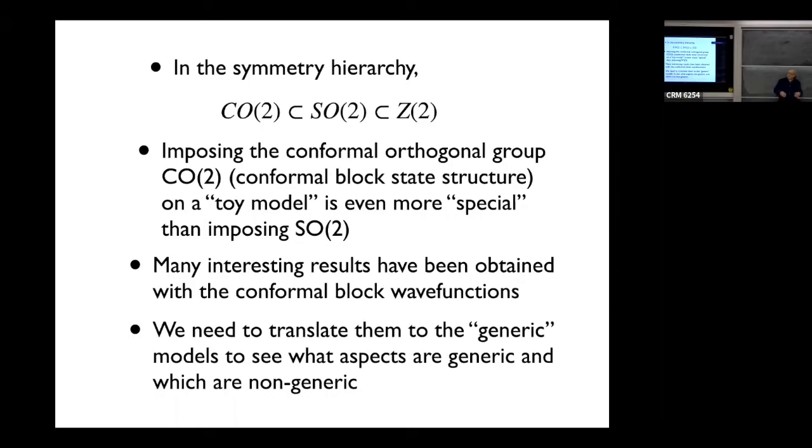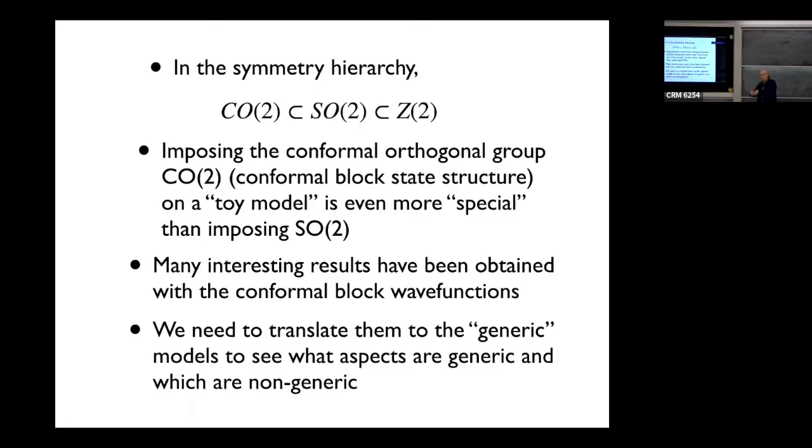It's as if you studied your magnetic spin chain system through the Bethe ansatz, right? You know that the actual generic situation doesn't have the same kind of integrability and quantum groups and things associated with the Bethe ansatz. So you should not build your generic theory of quantum spin chains or whatever based on what you learned from the Bethe ansatz.